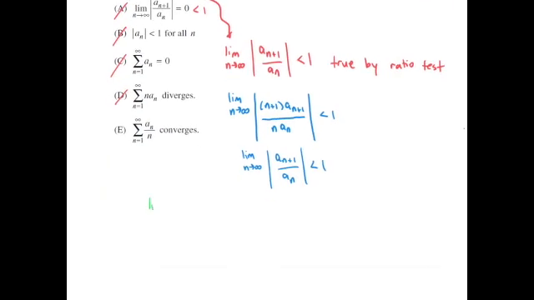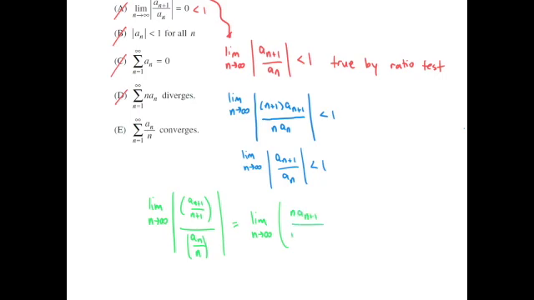we have the limit as n goes to infinity, and I'm just going to substitute in n plus 1. So we have a to the n plus 1 divided by n plus 1, divided by a to the n divided by n. Let's simplify this down. So we have the limit as n goes to infinity of n times a sub n plus 1 divided by n plus 1 times a sub n.